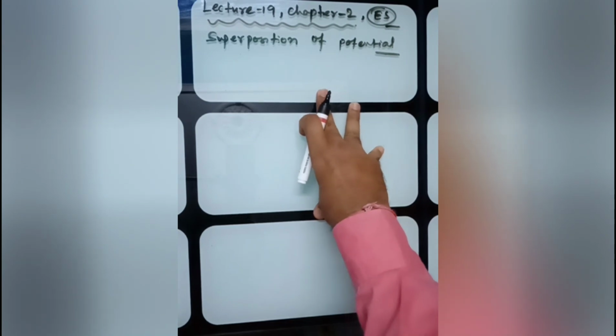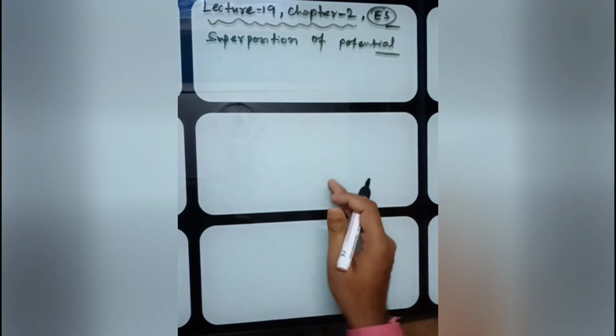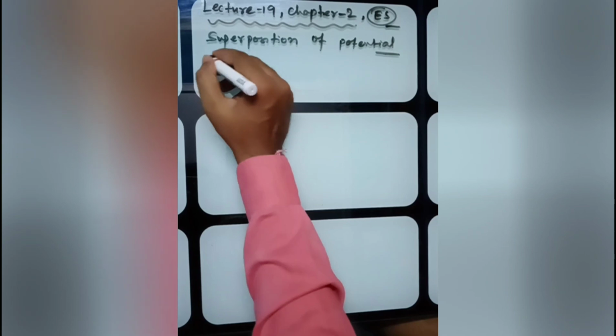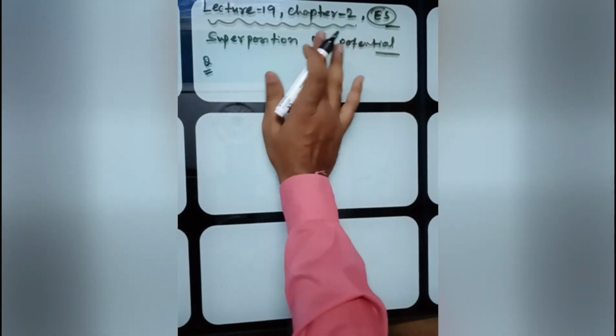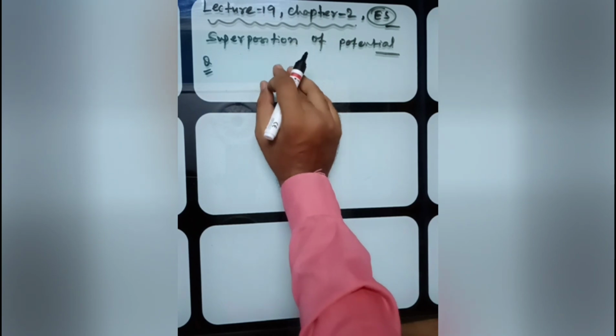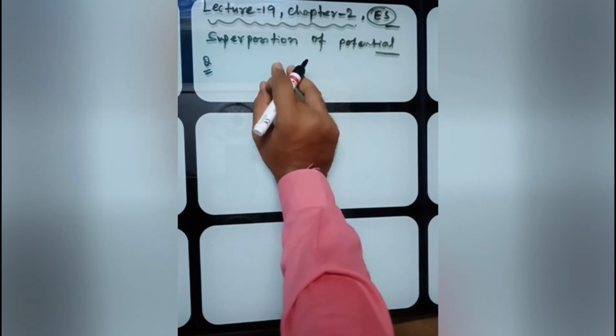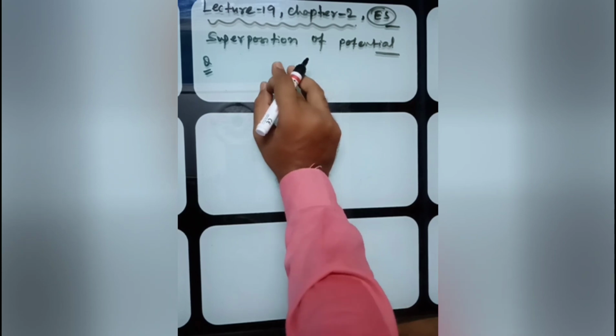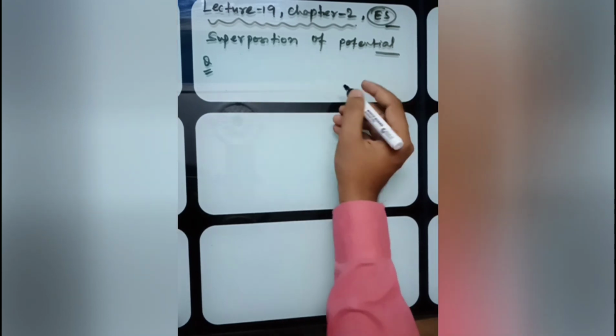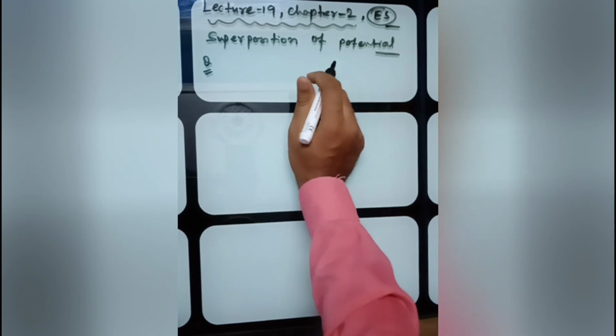You don't have to break components; directly you can find the answer. According to the superposition principle, the net potential at any point can be represented as the sum of potentials due to individual charges. You don't have to write a vector sum because it is a scalar quantity.